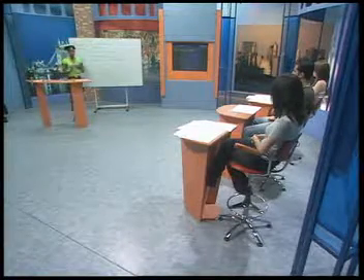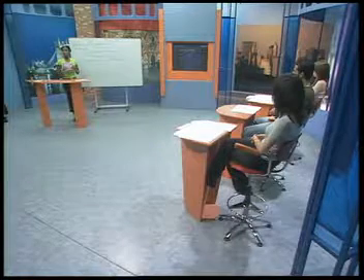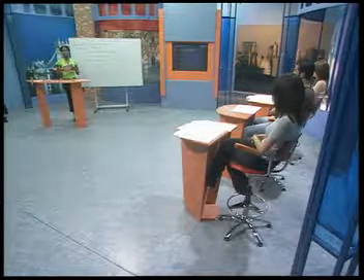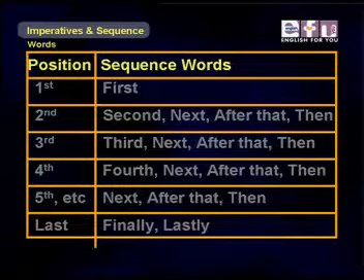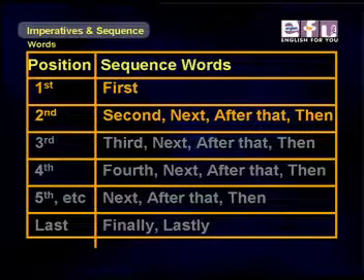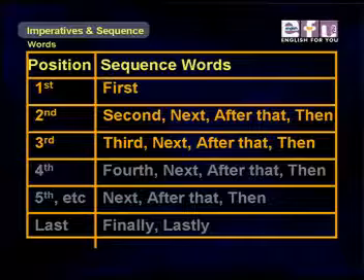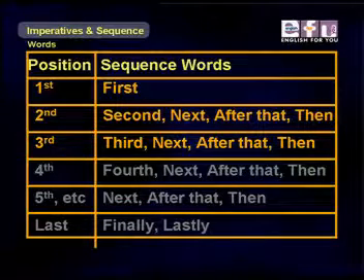Okay, very good. Let's take a look at a chart to help us understand sequence words. For the instruction in the first position, we use first. For the instruction that follows, we can say second, next, after that, or then. For the third instruction, we can say third, or again, we can say next, after that, or then.